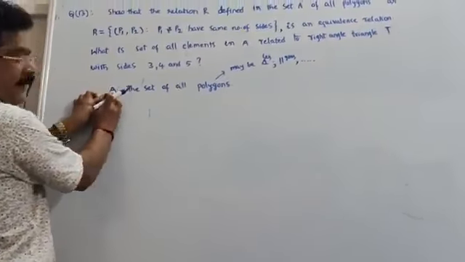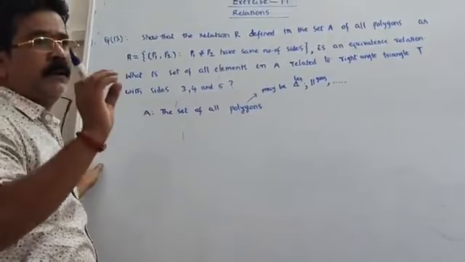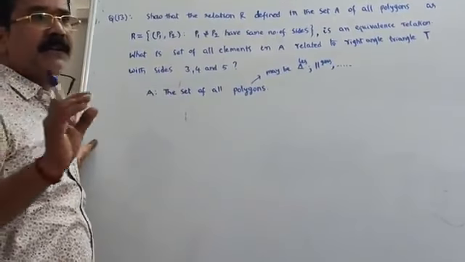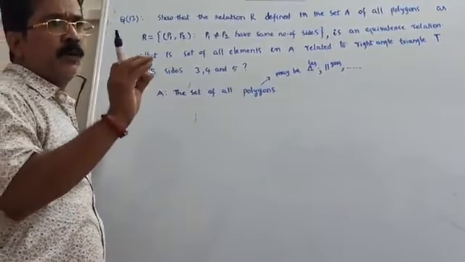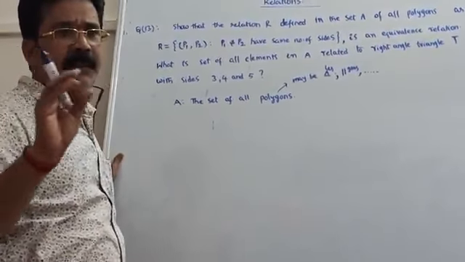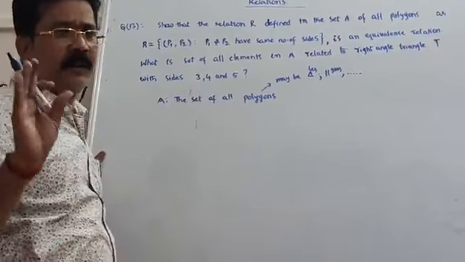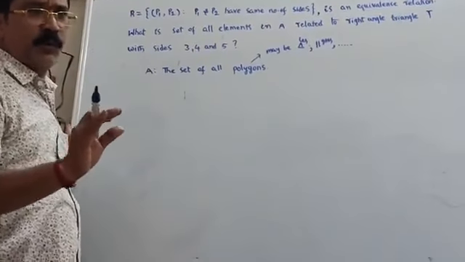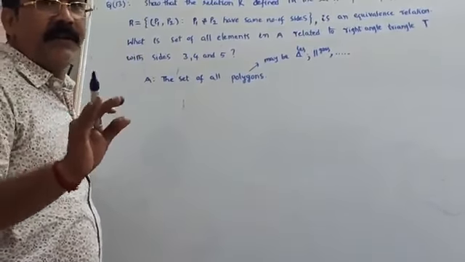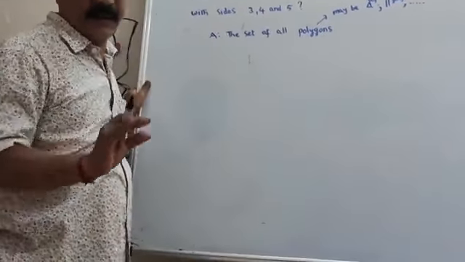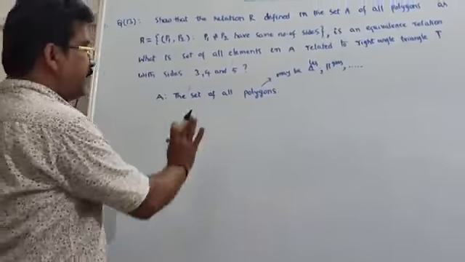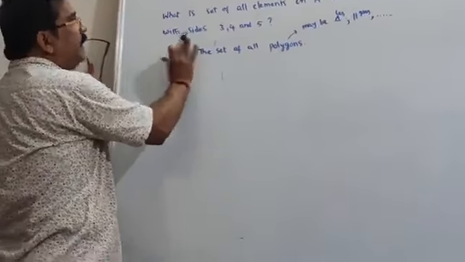So capital A will contain so many triangles, so many parallelograms, so many pentagons. Pentagon means having 5 sides. Similarly, figures having 6 sides, 7 sides, 8 sides, and so on. It is the total set capital A.